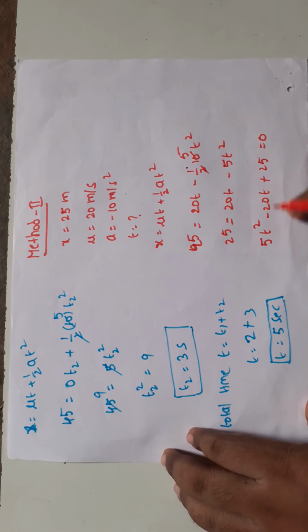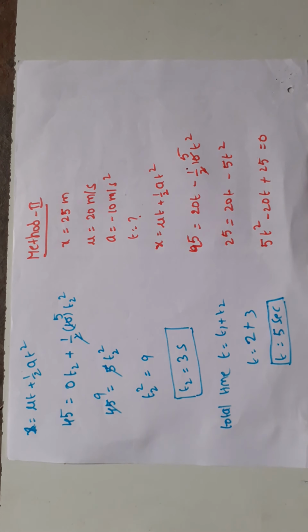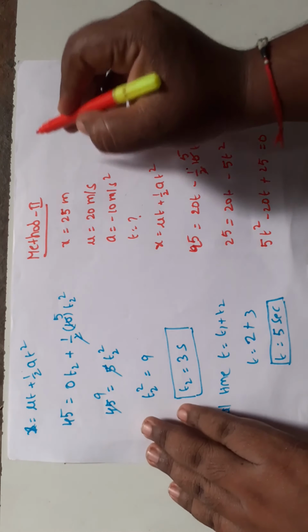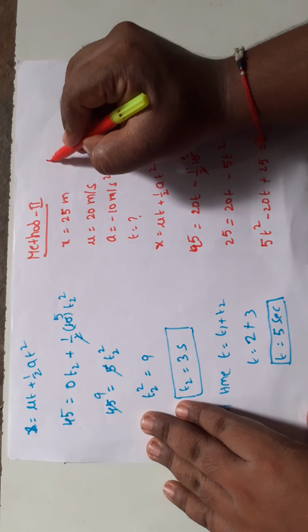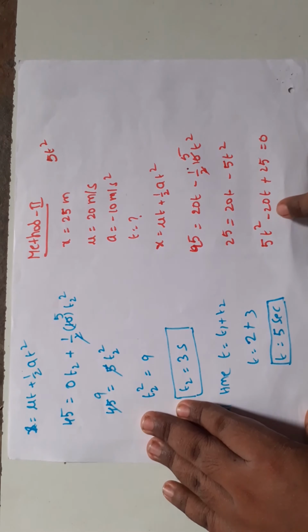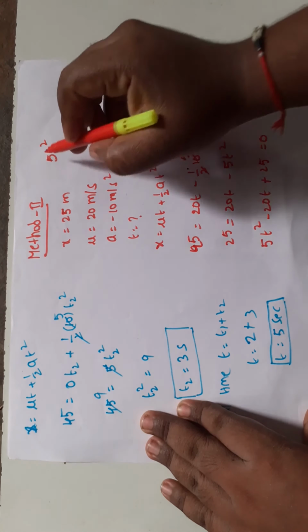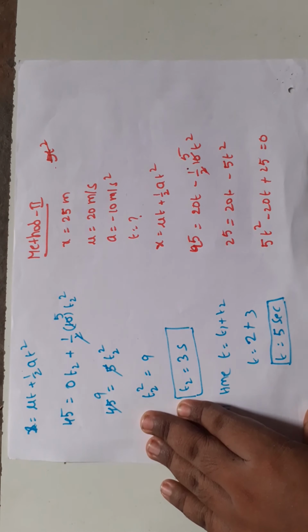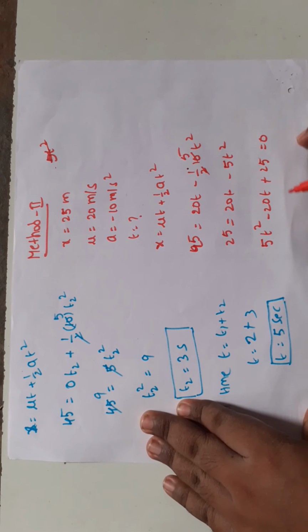We are going to find the roots of the equation by using the factorization method. I am taking 5 as the common term: t square minus 4t plus 5 equal to 0.